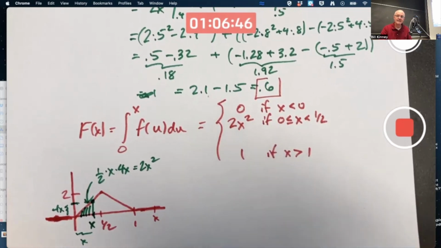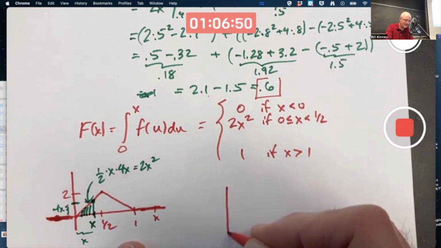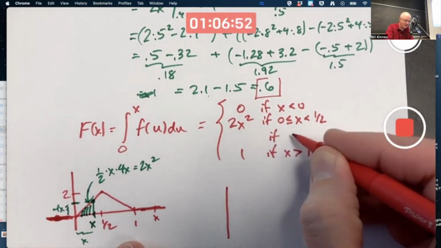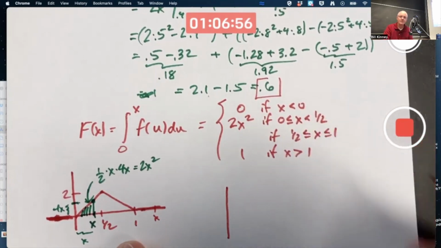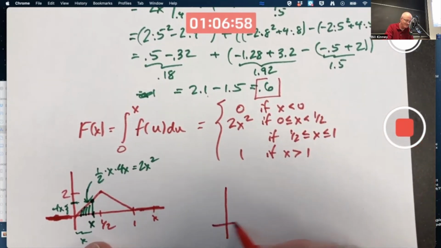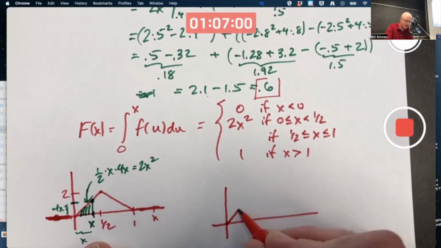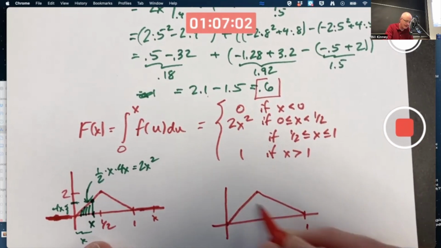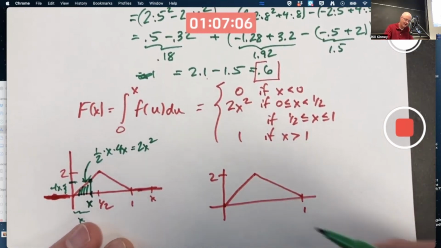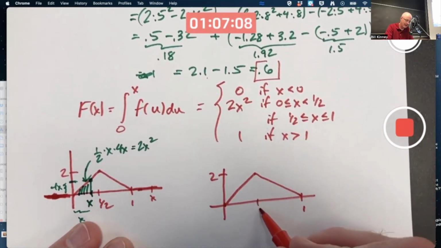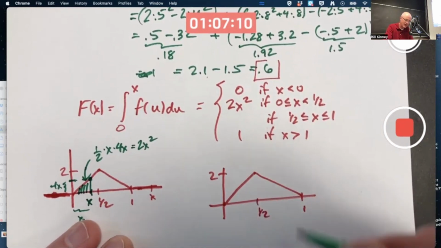Okay, here's the hardest case. Last thing to do today. What if x is between 1/2 and 1? Let me redraw the picture. Here's 1/2. Where should I draw x?